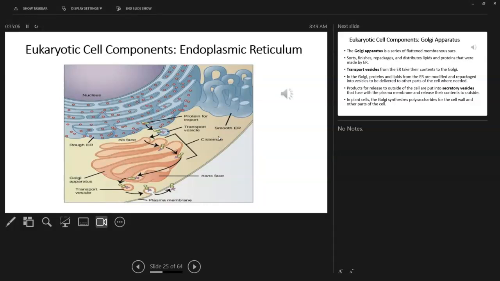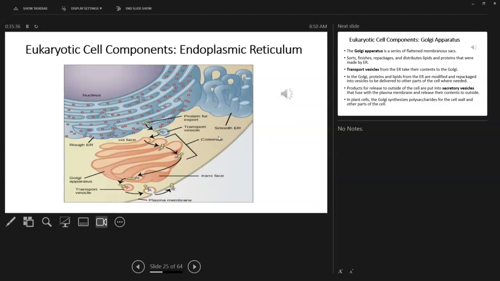Other kinds of molecules like lipids and carbohydrates are made in the smooth ER. Then these molecules that are made by the ER are then put into vesicles, little sacs made of membrane. And so part of this membrane of the ER will just pinch off and form a vesicle with the new molecules inside of it.